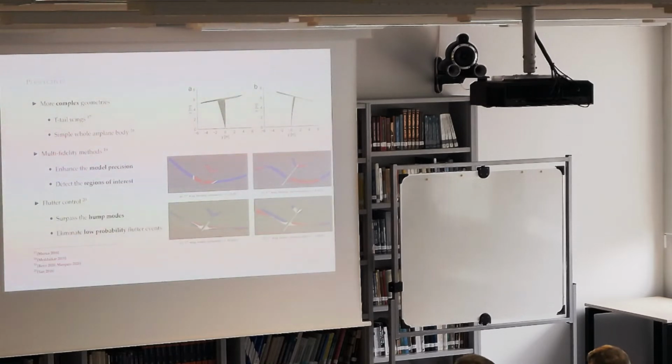We could also use multi-fidelity methods to enhance the precision of our model, both in aerodynamics and structure. We could also use lower fidelity methods in the optimization process to detect the regions of interest, and then a higher fidelity method with gradient methods in order to achieve our absolute optimum case.